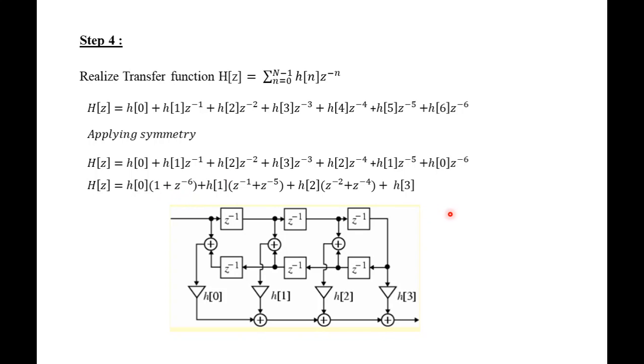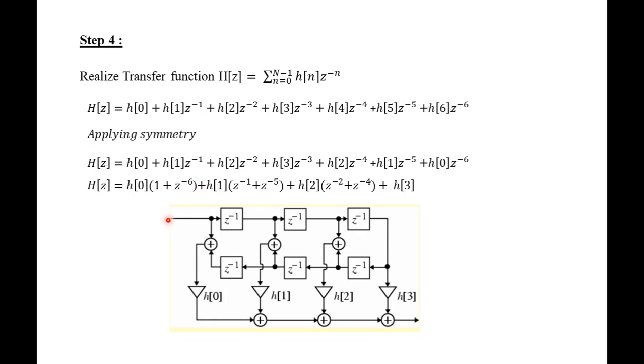This equation is realized. This equation can now be transformed into our FIR filter structure. So we can see that here it is going to be x of n. At every point here you can see that the first one is h of 0 into 1 plus z power minus 6.